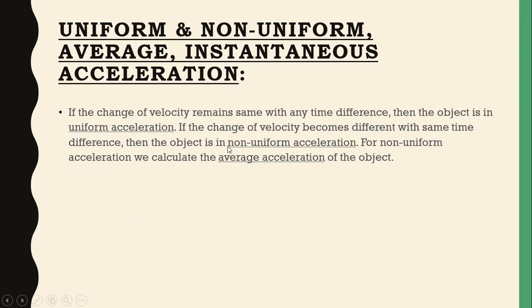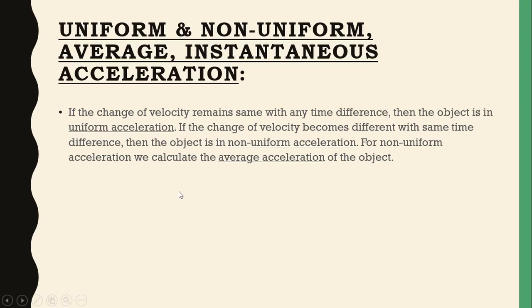But if the change of velocity becomes different with the same time difference, then the object is in non-uniform acceleration. That is, if an object has an initial velocity 20 km per hour, after 2 hours it increases to 30 km per hour, and again after 2 hours it increases to 50 km per hour, then we can say that the object is in non-uniform acceleration.